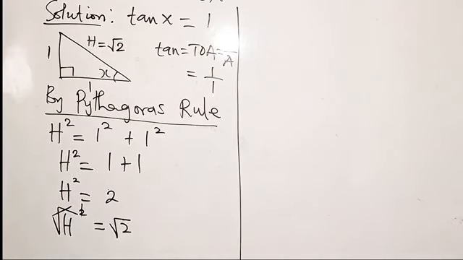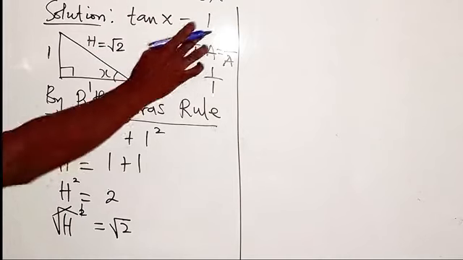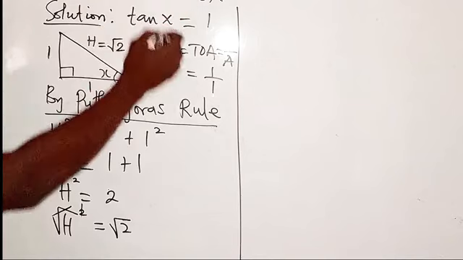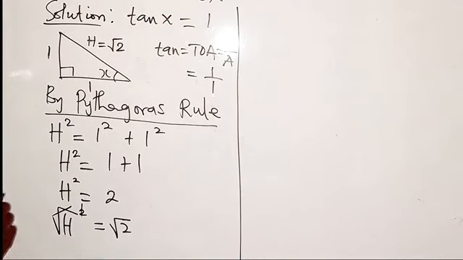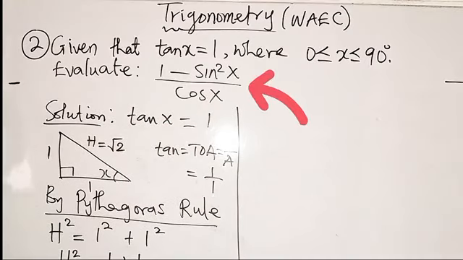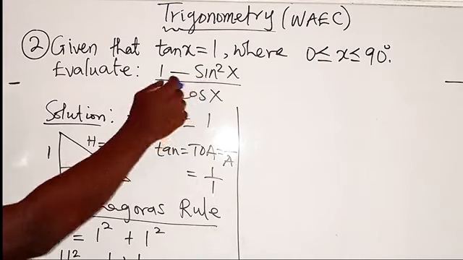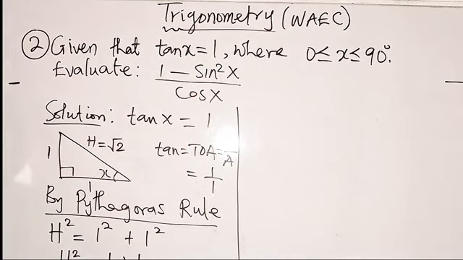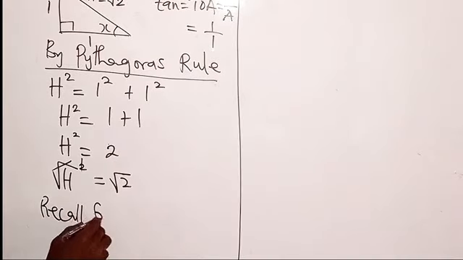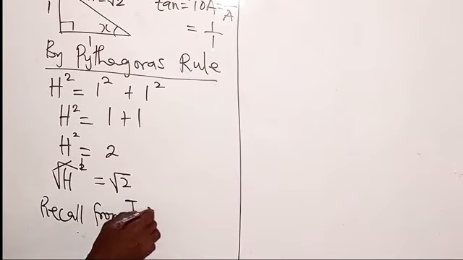Now given that tan x equals 1 here, but looking at what we are given to evaluate, 1 minus sine square x over cos x, we have to do something here. I don't want to use sine square x. So I would like you to recall from trig identities.